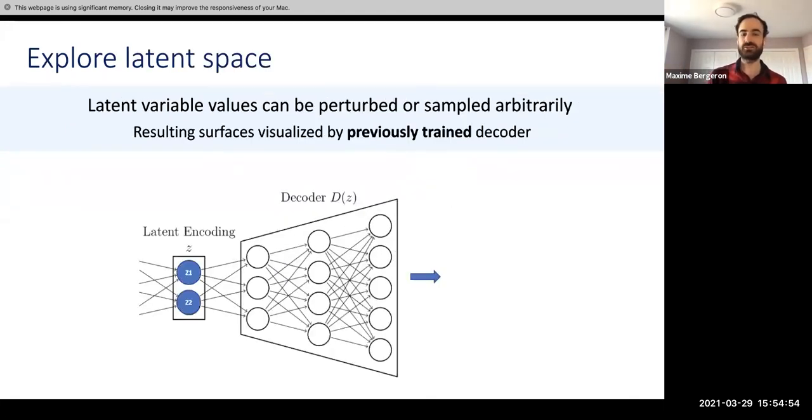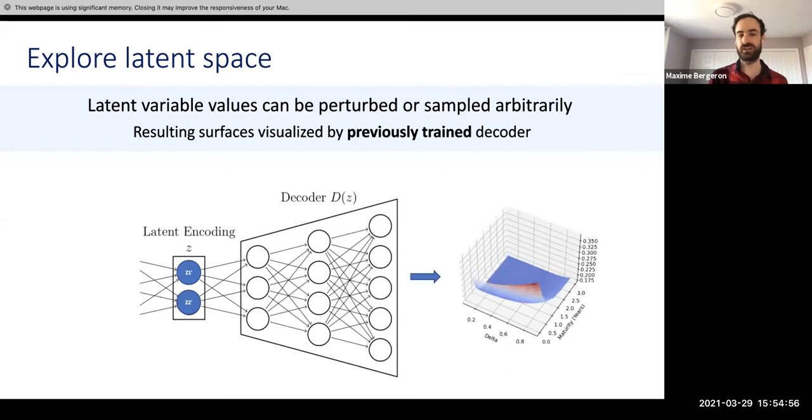And you can then also just explore the latent space. By nudging these variables, you get a nice way to move around the space of the objects you care about. In this case, it's a surface, but it could be some algebraic thing. And then you're just taking a walk through the possible things. This is how you explore what the autoencoder has done in order to compress your thing in a way that's understandable.